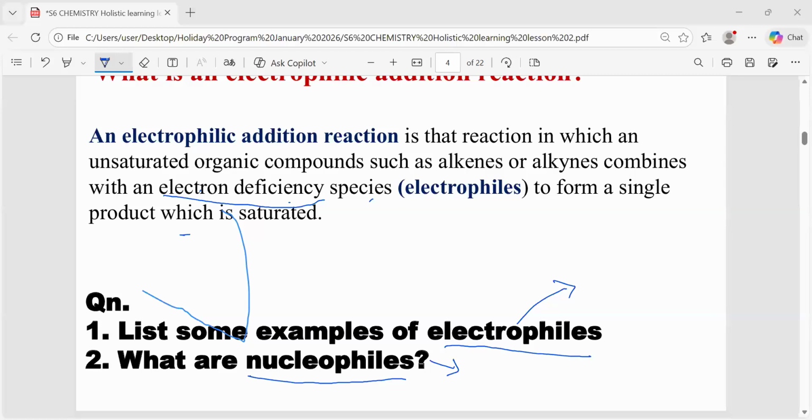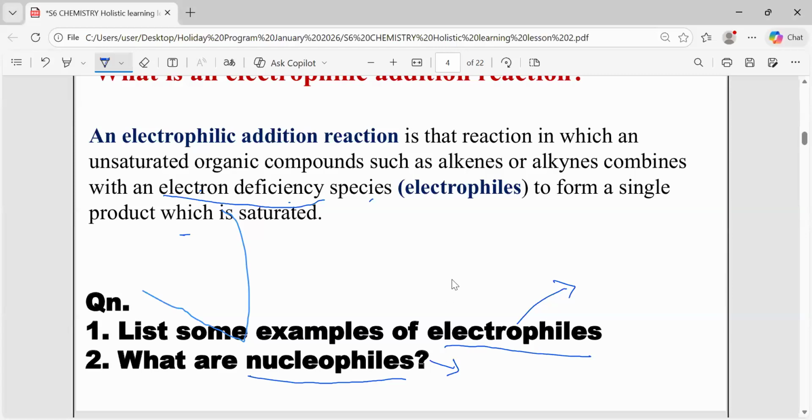Okay, we can have another person. Teddy. Yes, Teddy. A nucleophile is an electron deficient species.